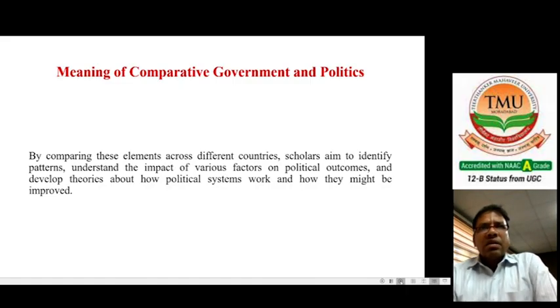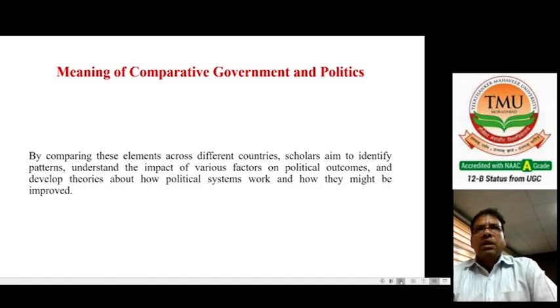In the end, we can say this is a very important subfield of political science, and comparative government and politics is not only restricted within the nation state or between two or more countries. Sometimes comparative government and politics is also engaged at the global perspective.